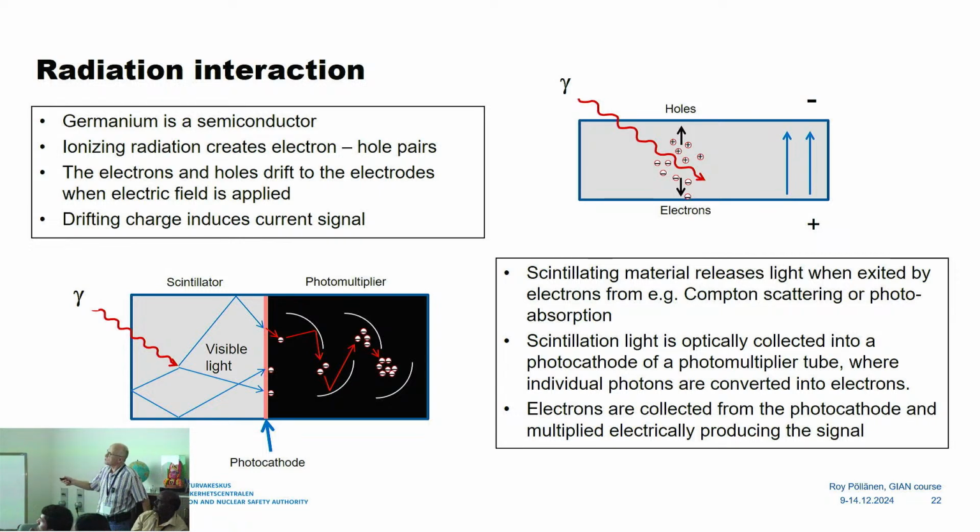You know germanium is a semiconductor, electrons, holes, we can detect the signal. However, in the case of scintillators, the light is changed to electrons which are multiplied, and then we get the signal out from these sodium iodide detectors.